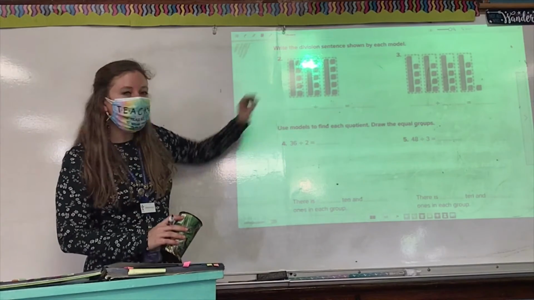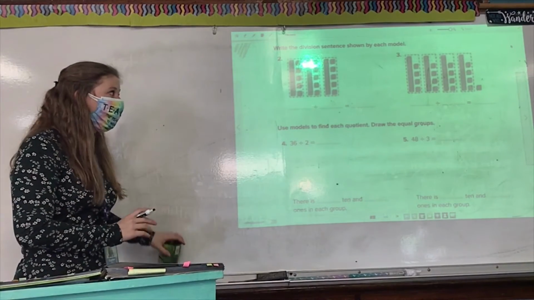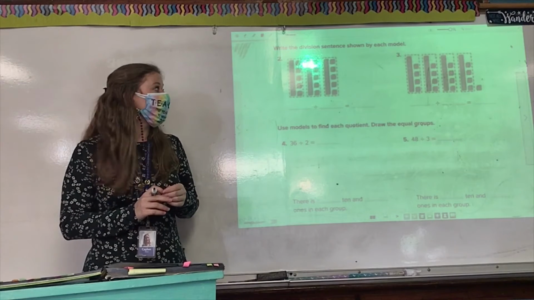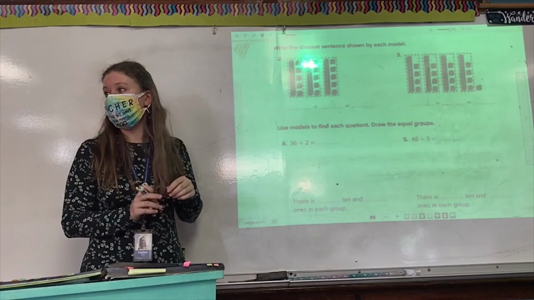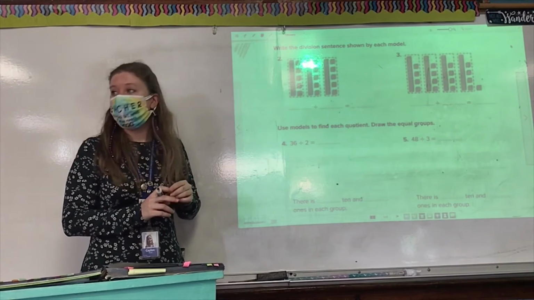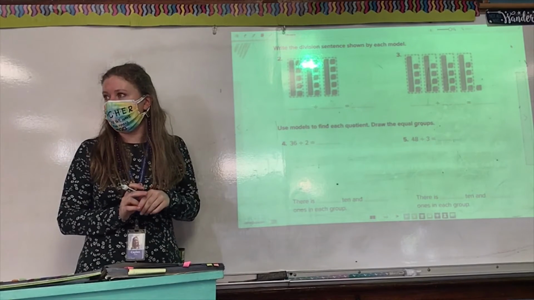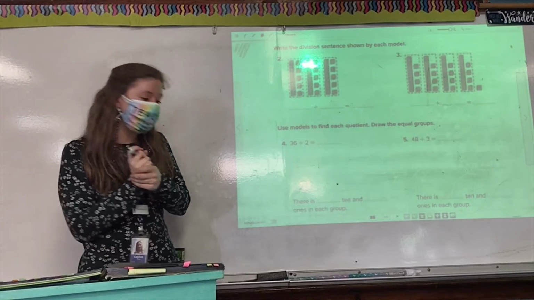So, look at number 2. How many items are in each group, Victoria? There are, in each group there is 1 10 rod and 5 ones cubes, which is what number? Which is 15.